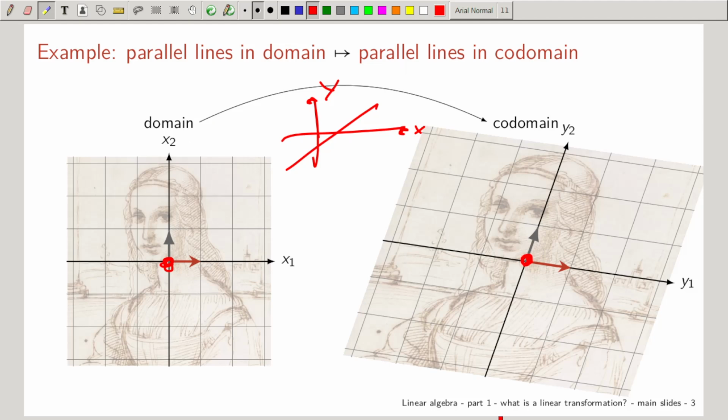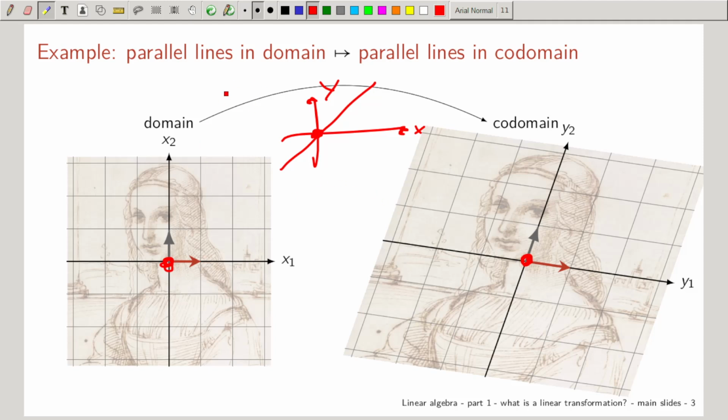We need to have also something for which the 0 of the domain gets mapped into the 0 of the codomain. The 0 of the domain gets mapped into the 0 of the codomain. Do you see it? Okay, together.